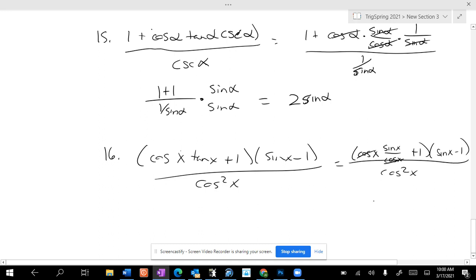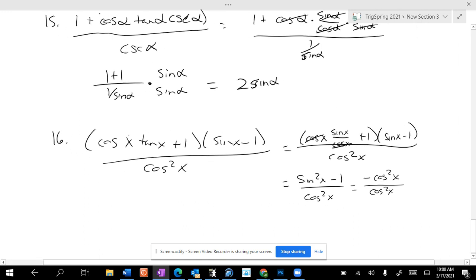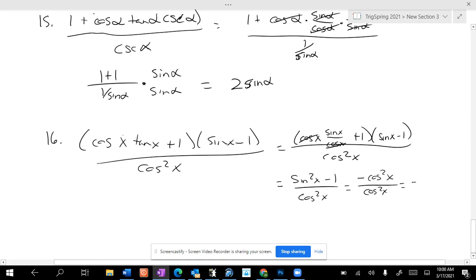So the cosines cancel, and so we get sine squared of x minus 1 over cosine squared of x. Sine squared of x minus 1 is what? Negative cosine squared of x, which, negative cosine squared over cosine squared, is negative 1. Everybody agree?